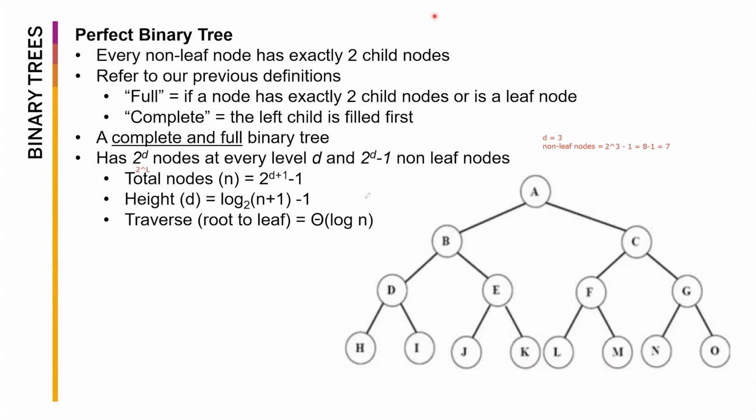Sir, D is the number of levels, but the levels do not include the first node. Then minus 1, because when we use that formula it's usually for 2 nodes. So you think the minus 1 is the root itself?